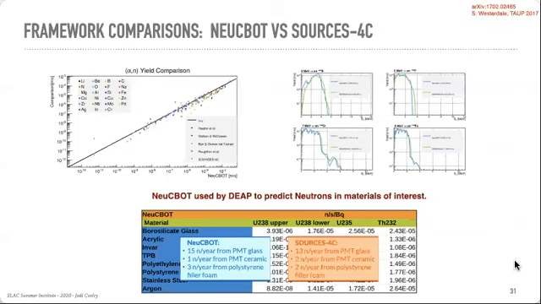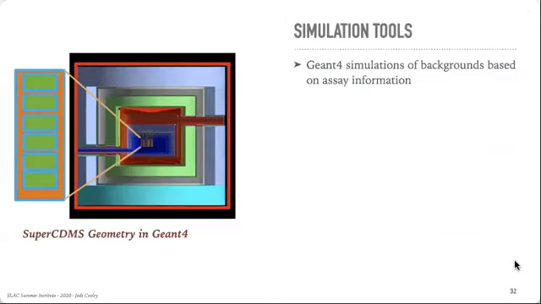They found that NuCBot would give them 15 neutrons per year from the glass, and SOURCES-4C said 13 neutrons per year from the PMT glass. And then the ceramic, which is part of the readout system, and other materials that make up the PMT. So you can see the level of detail that goes into thinking about these is really a lot.